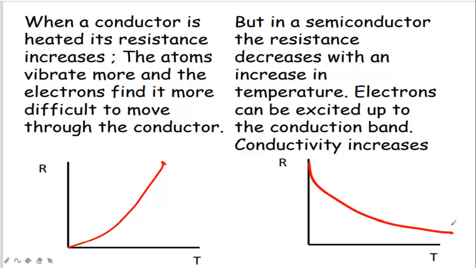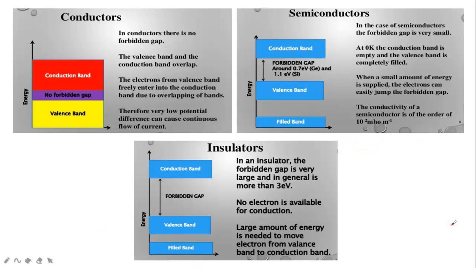When we increase the temperature, electrons get excited and move towards the conduction band, and that is why conductivity increases and they start conducting. So a semiconductor becomes a conductor on increasing the temperature. This is a good note to keep in mind always.